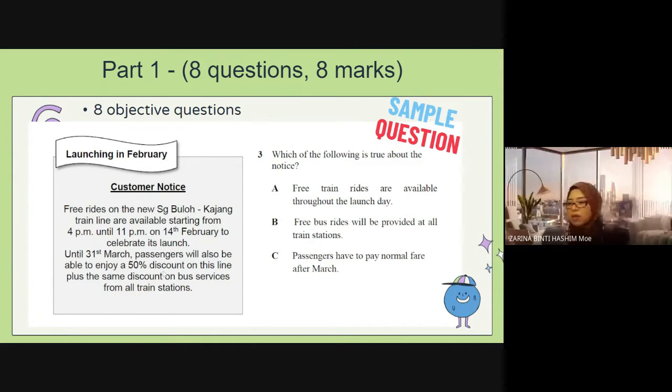Will that be the same information or not? So you have to read and decide properly whether this is the true statement or not.